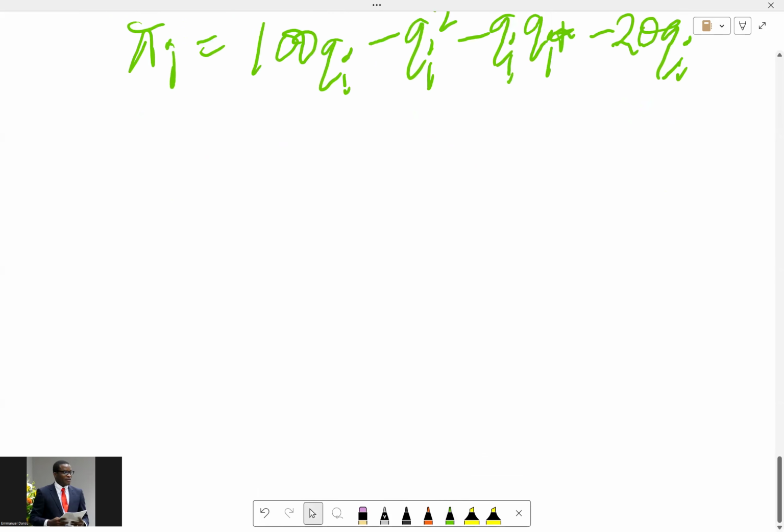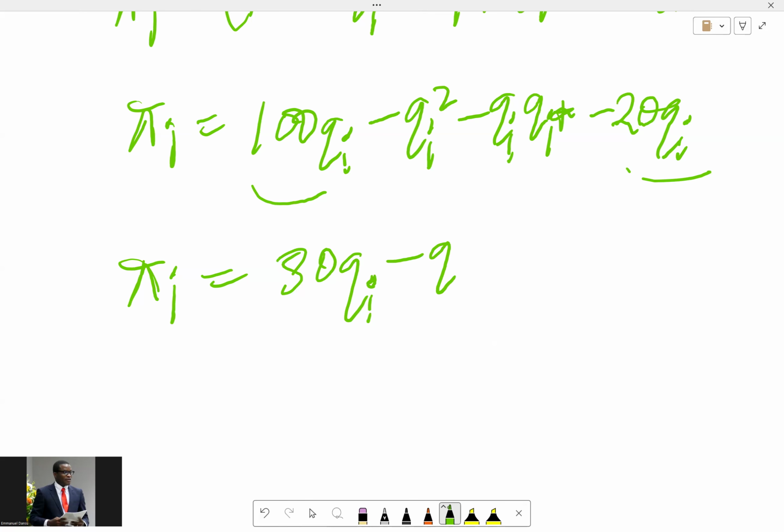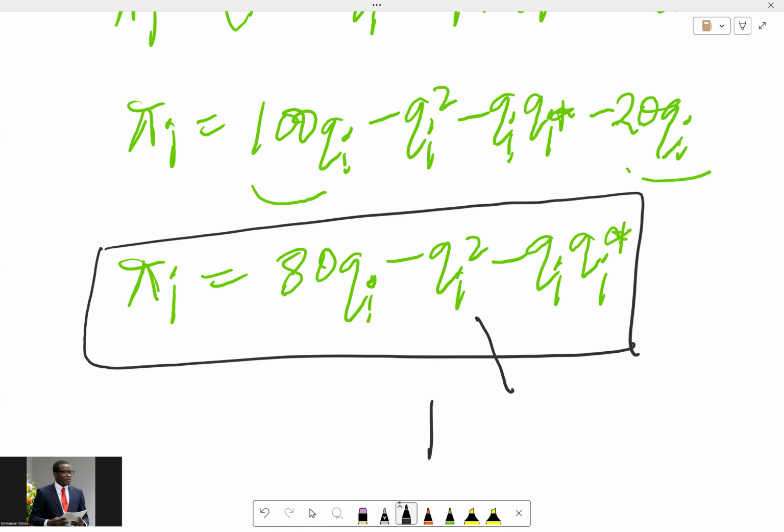So 100 Qi minus 20 Qi is 80 Qi. So pi i is equal to 80 Qi minus Qi squared minus Qi Qi star. So basically, this is our profit function. Okay, so we have the profit function settled.